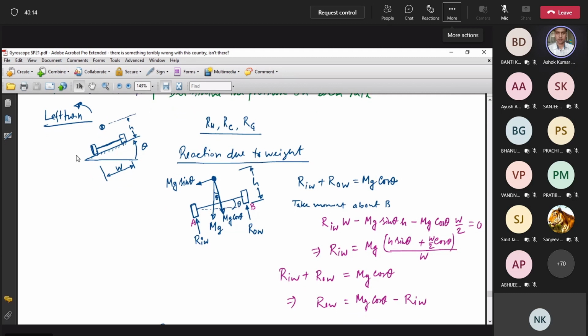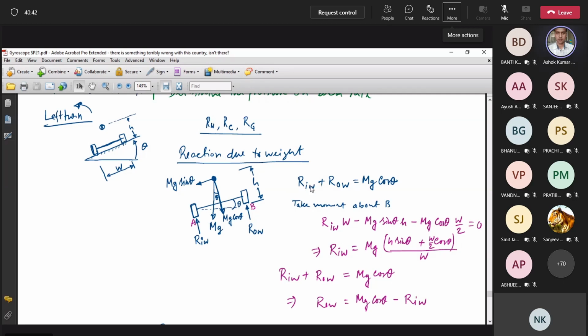Now we have drawn this figure, one wheel axle system. Since there is a banking in the road, the railroad, this angle theta is equal to 10 degrees, and the height of the center of mass from the rails is also given. First, let us go for RW.